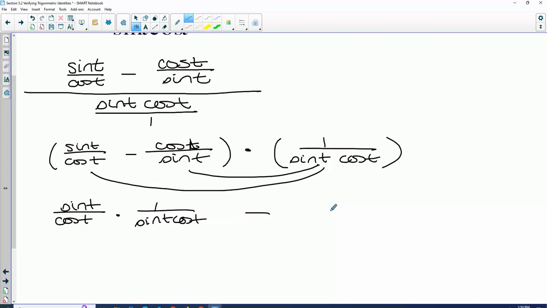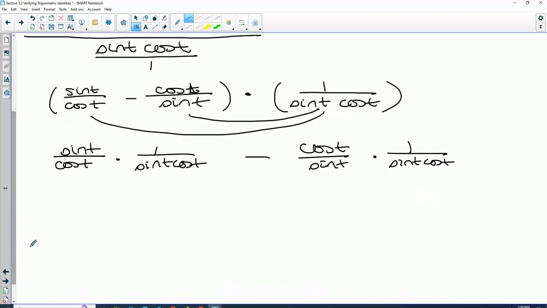So I'm taking both of them times 1 over sine t cosine t. When we do that, sine cancels on the first one, cosine cancels on the second one. So I'm left with 1 over cosine squared t minus 1 over sine squared t.